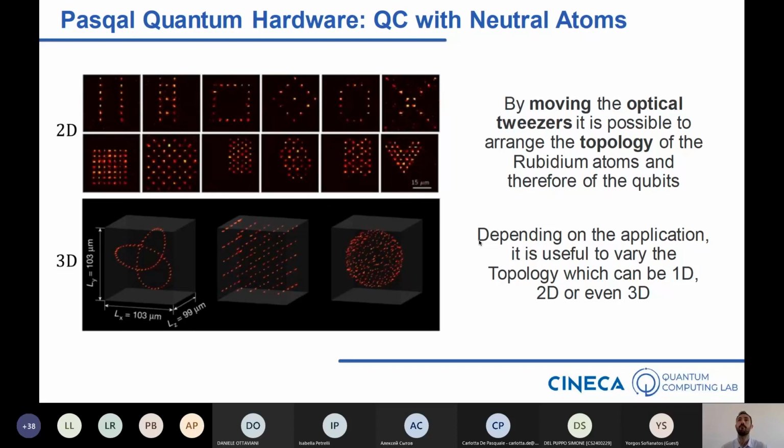How do you ensure that there is only one rubidium atom? I don't know that. I know that these tweezers are very small. Let's say the cross section of this laser is so small that by default it can trap only one atom.